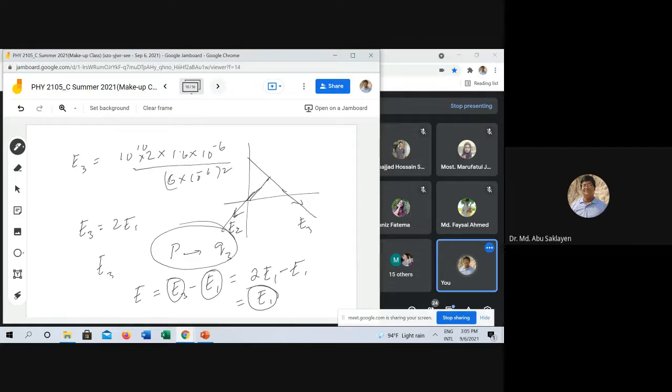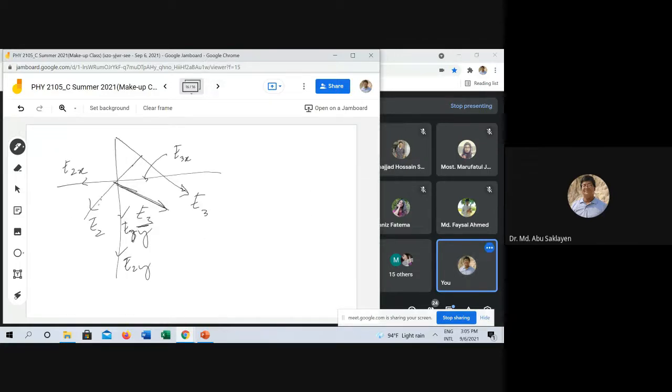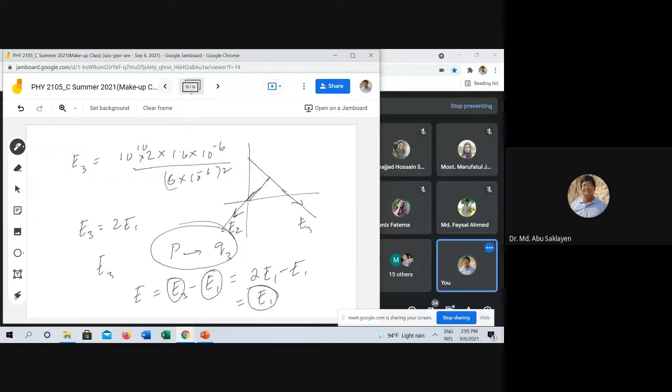What was E2? Tell me, E2 is equal to K times 1.6 into 10 to the power minus 19 divided by d square. E1 and the resultant you got here are the same, right?